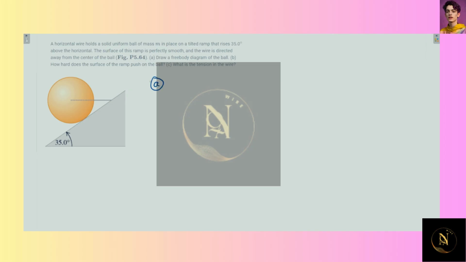That's part A. For the free body diagram, we first have a tension due to the string. Then we have a normal reaction.